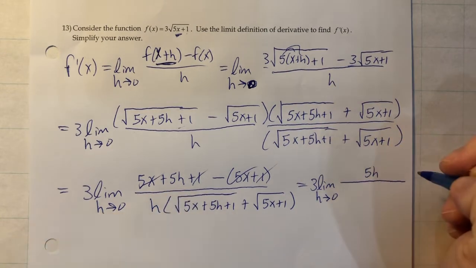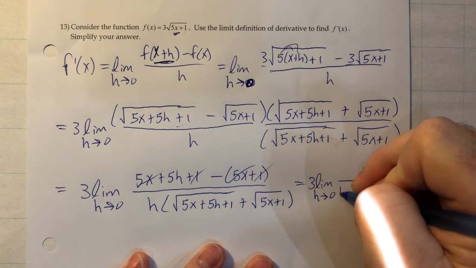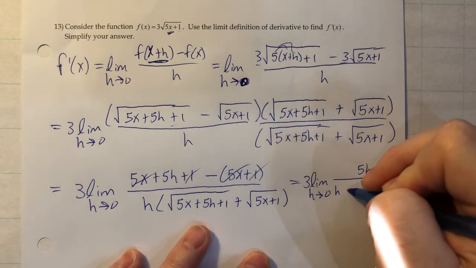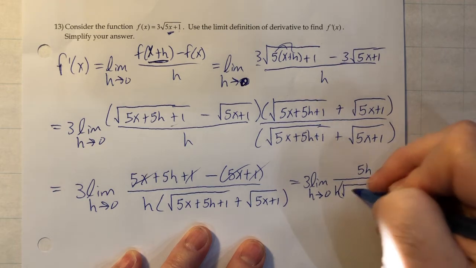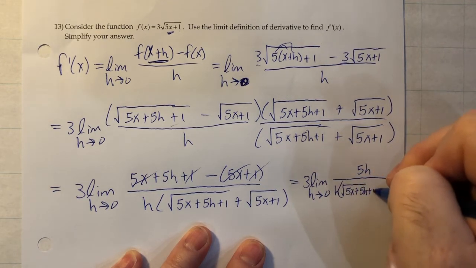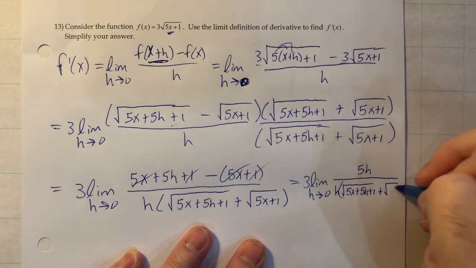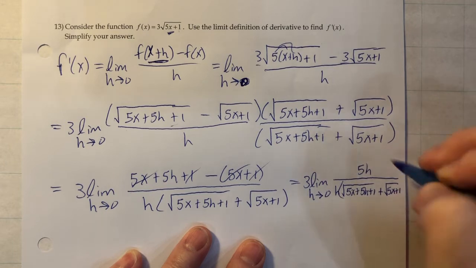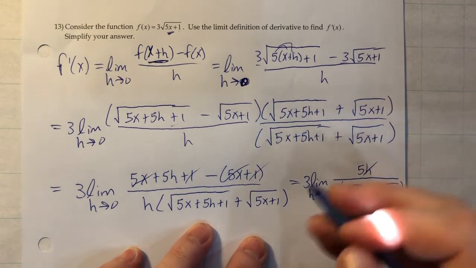And we have a whole bunch of stuff in the bottom that I didn't quite leave room for, so I'm just going to kind of cram it in here. But we've got the h out front, and then the parentheses and the square root of 5x plus 5h plus 1. I'll write this better on the next line, plus the square root of 5x plus 1. But the good part is these h's right there cancel.